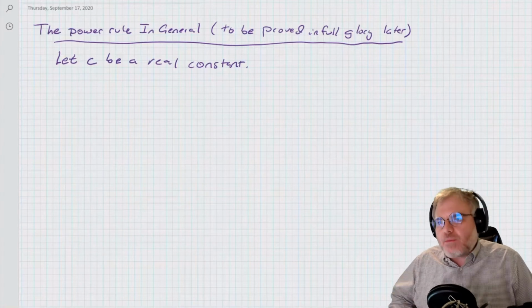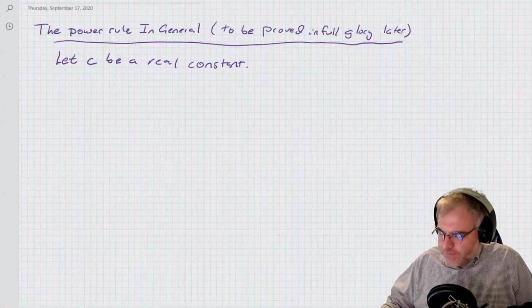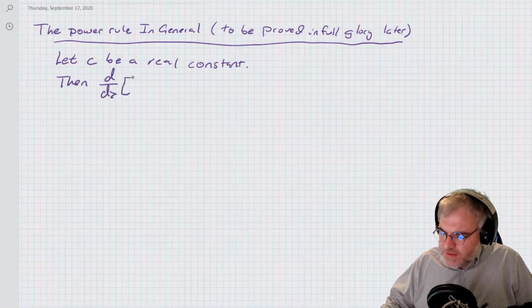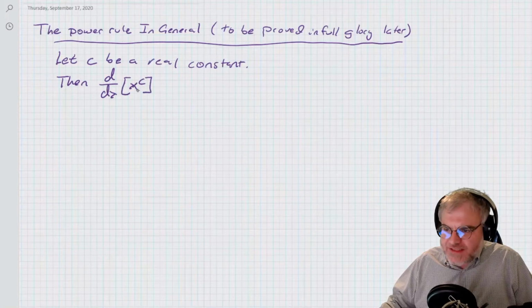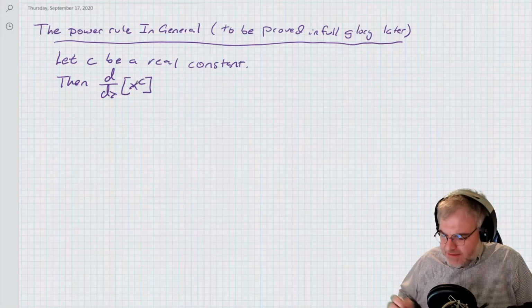Okay, so the power rule in general, to be proved in all of its glory later. Let c be a real constant. Then d over dx of x to the c. Now this is important: the thing that moves is the base, not the constant.